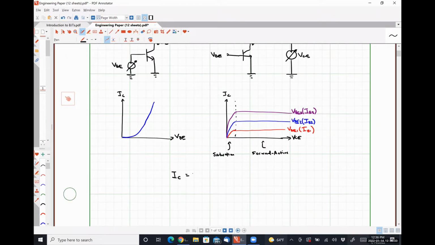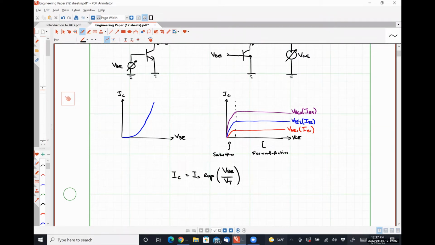IC is equal to IS exp VBE over VT. How that's independent, obviously, of the collector emitter voltage. So the assumption being made there is that the width of the base isn't changing, or is at a constant value.